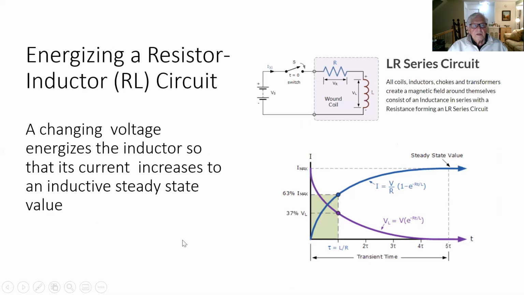So how do we energize using an RL circuit, meaning resistance inductance? Basically, in this case, changing voltage does the trick. So we need a changing voltage which energizes the inductor, or creates an induction in the coil, and the current increases to an inductive steady state.